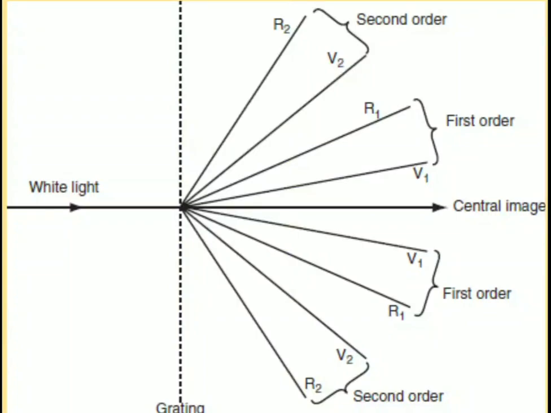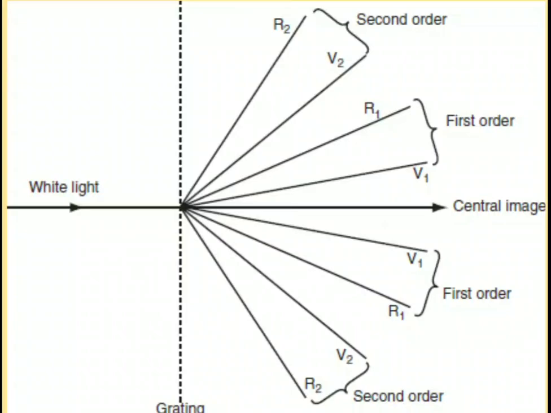This figure represents how the grating works and gives a spectrum. So this is the white light, and this indicates the grating. Grating means it consists of a large number of slits. Whenever white light is incident on this grating, the light that travels in the same direction as the initial direction continues in that direction after the grating also.